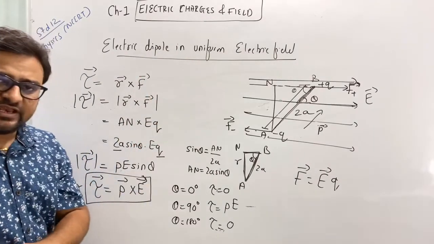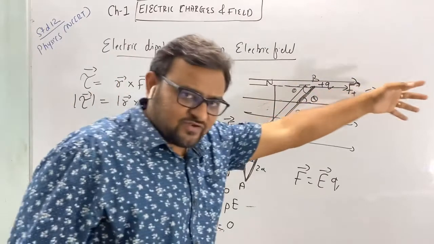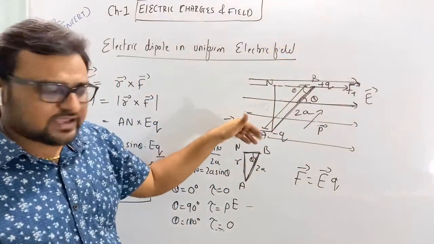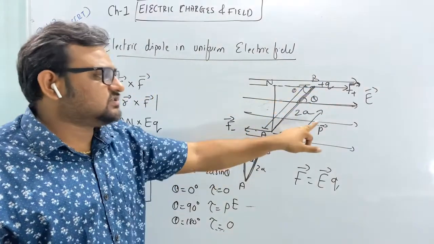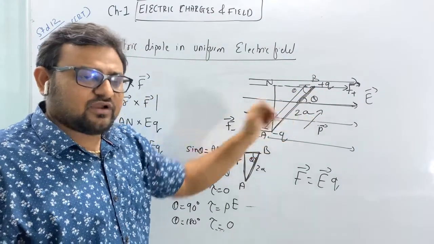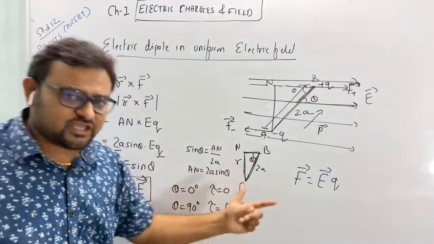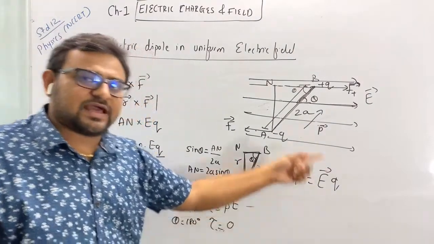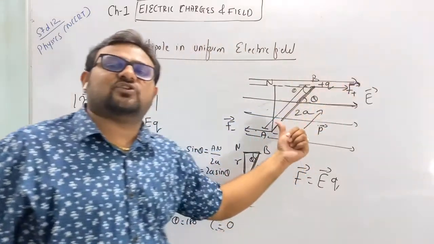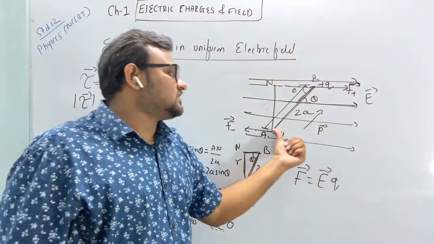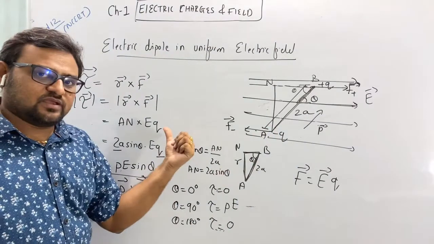I'm repeating once again. We have taken a uniform electric field, placed the dipole making an angle theta with the electric field. The distance between these two charges is 2a. Clear? Force acting F is equal to EQ. So using this formula, the force on the positive charge will be in the direction of the electric field, and the force on the negative charge will be in the direction opposite to the electric field, right?